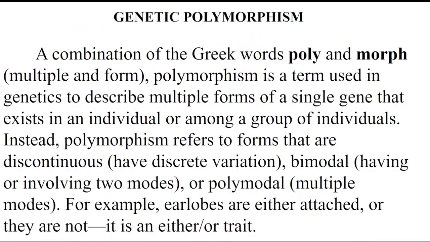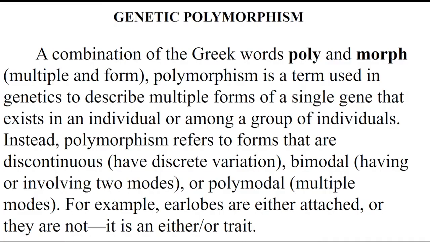And today we speak with you about genetic polymorphism. Polymorphism is a term used in genetics to describe multiple forms of a single gene which are present in an individual or among a group of individuals.